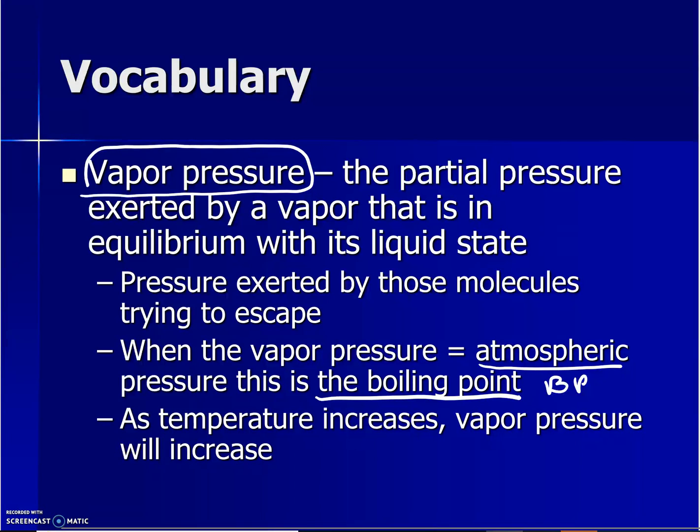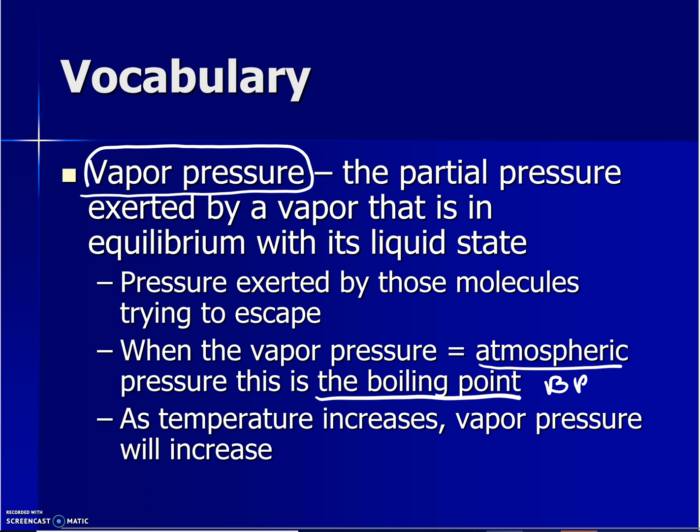Another vocabulary word you need to know is vapor pressure. Vapor pressure is the partial pressure exerted by a vapor that is in equilibrium with its liquid state. Vapor is just another fancy word for gas. So vapor pressure is the pressure exerted by those molecules trying to escape that liquid phase.